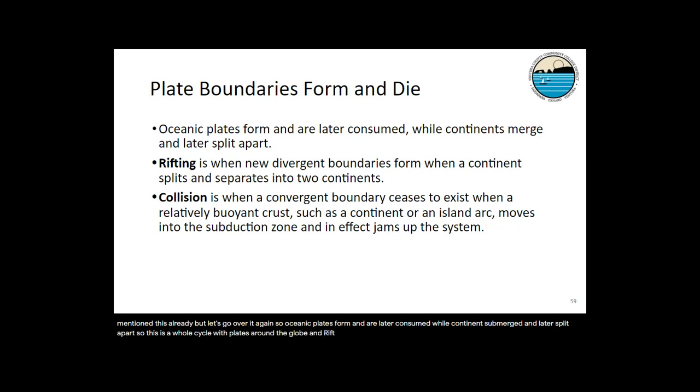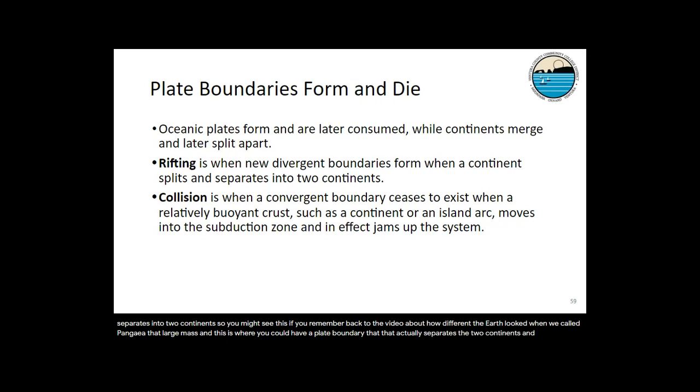Rifting is where new divergent boundaries form when a continent splits and separates into 2 continents. You might remember this from the video about how different the Earth looked when we had Pangea, that large mass. This is where you could have a plate boundary that actually separates the 2 continents.